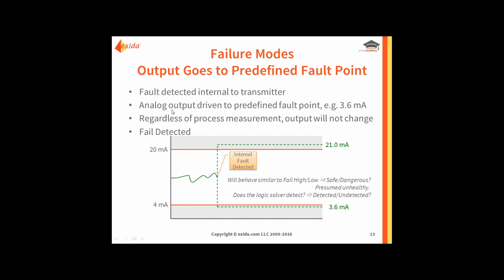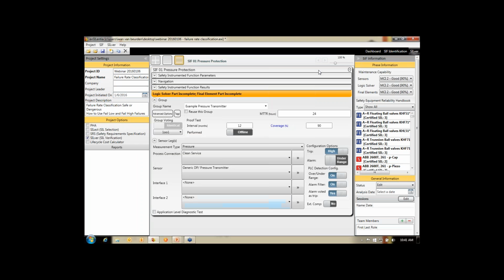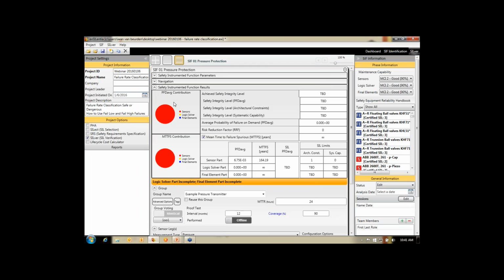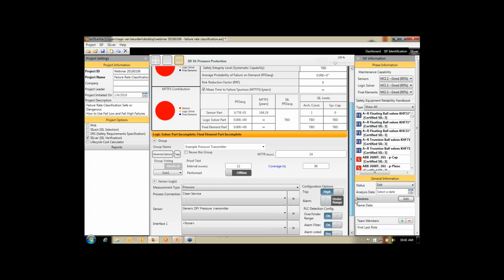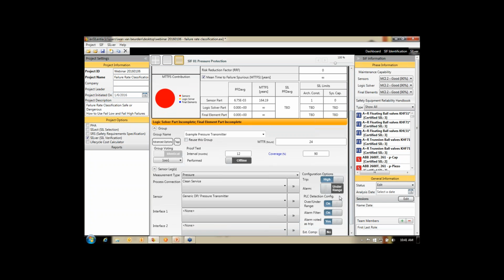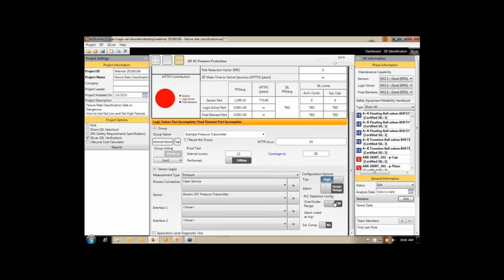What is the impact of this classification? Well, I didn't look at that in the tool. I didn't want this to become a let's-look-at-the-probability-of-failure exercise. But just for fun, let's say that I do not detect any out-of-range signals.